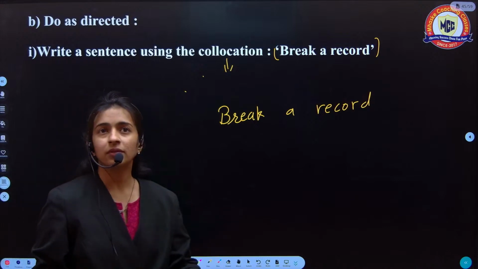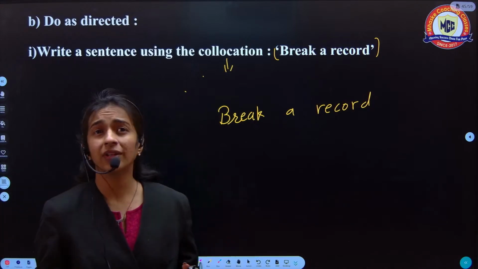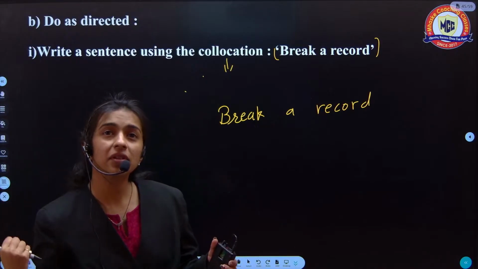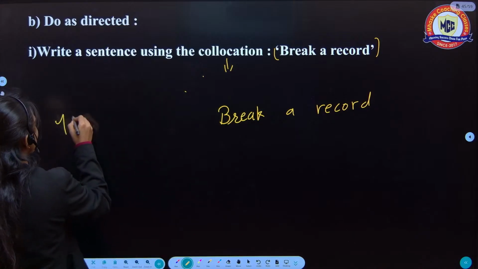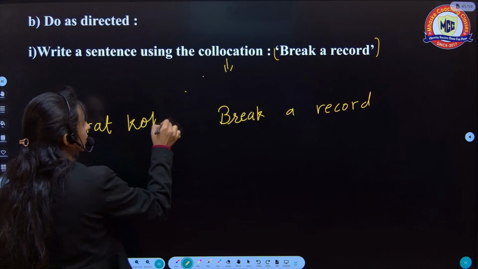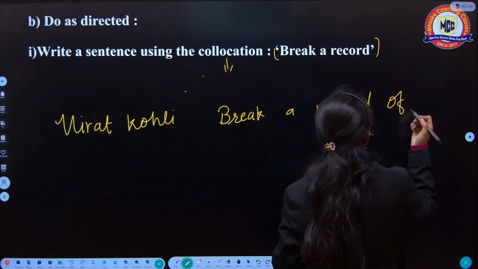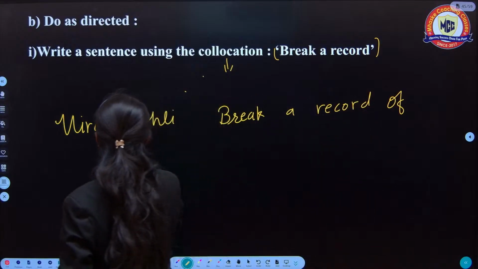For example, sports persons have their own record or a Guinness World Record. Someone breaks the previous record, which we call break a record. You can simply write your favorite example. Virat Kohli broke a record of maybe Sachin Tendulkar or anyone you like.